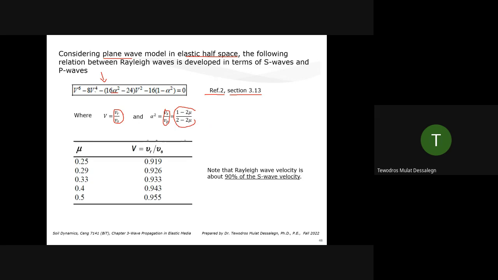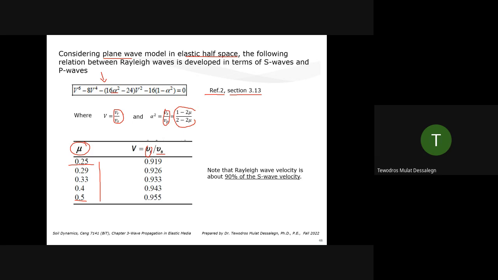So he has this sixth-degree form of variable V: V raised to 6 minus 8 V raised to 4 minus, in brackets, 16 alpha squared, and so on, all this equals 0. And if you put in different Poisson's ratios, for common materials from 0.25 to 0.5, you can find the ratio of Rayleigh wave velocity to shear wave velocity. For these common materials, you can see what the ratio is.